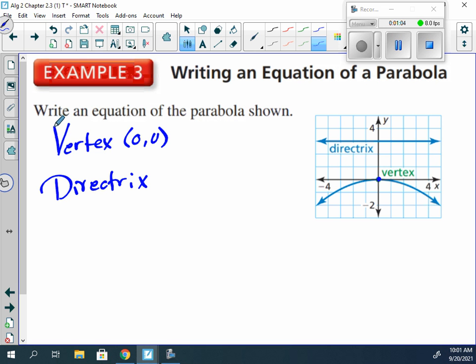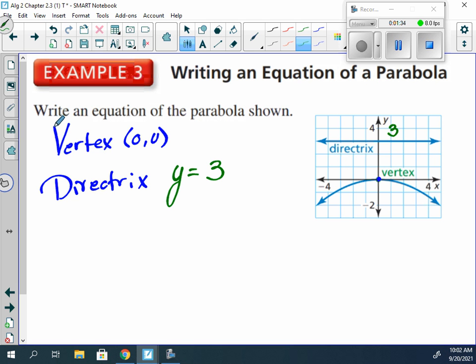This line, the directrix, crosses at y equals 3, yes? Because that's where y is equal to 3. That whole equation is the equation of the line y equals 3. Because y equals is going to be a straight line going across. x equals is a straight line going up or down.